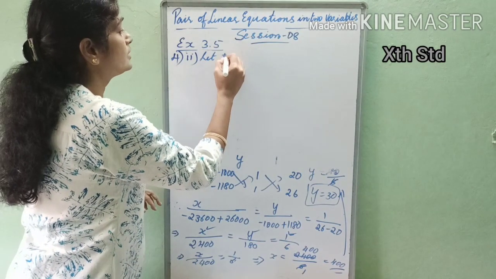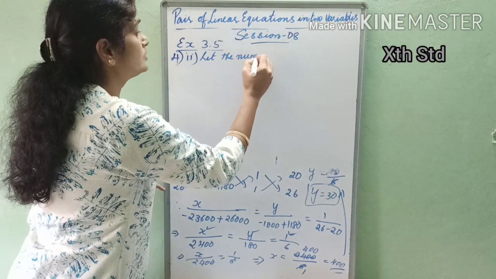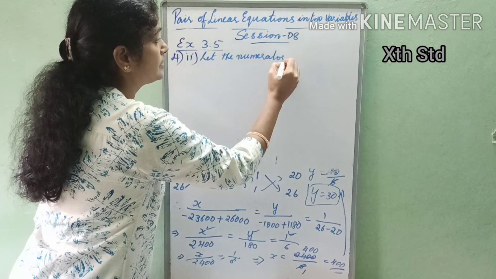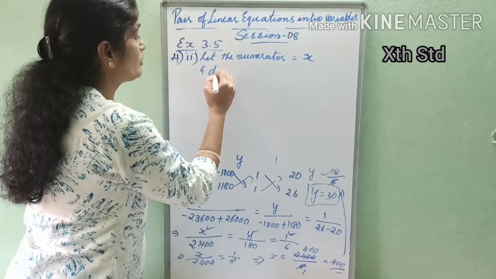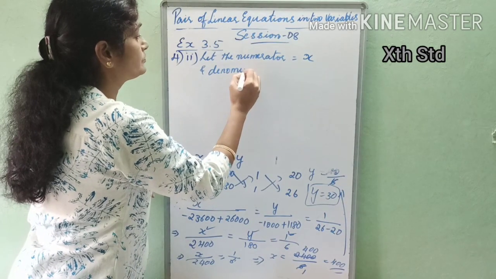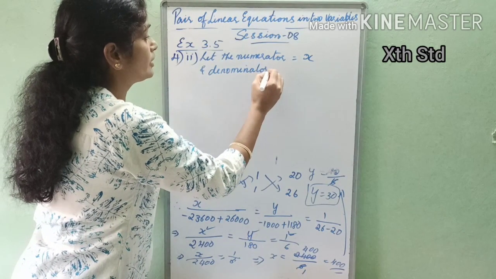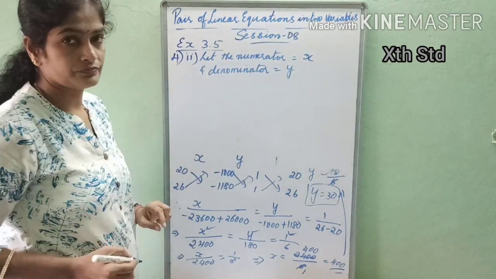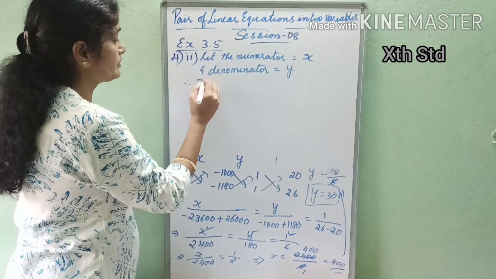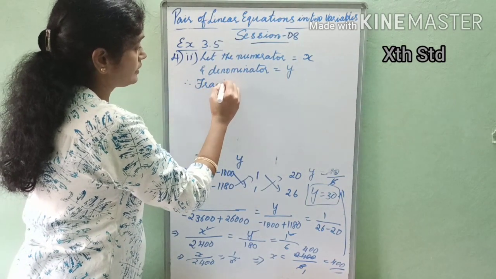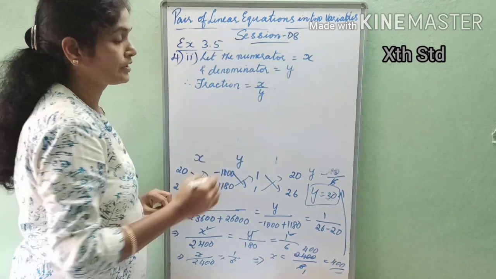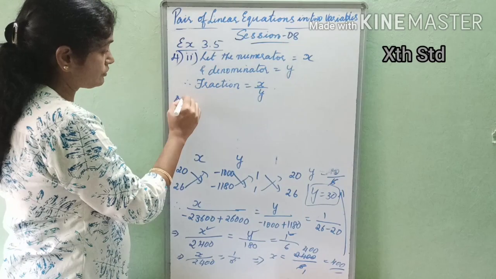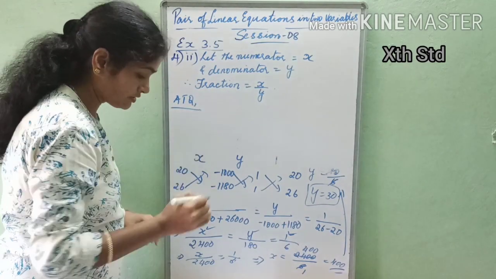Let the numerator be equal to x and the denominator equal to y. Therefore, the fraction is equal to x by y. Then, according to the question, what is the first condition?